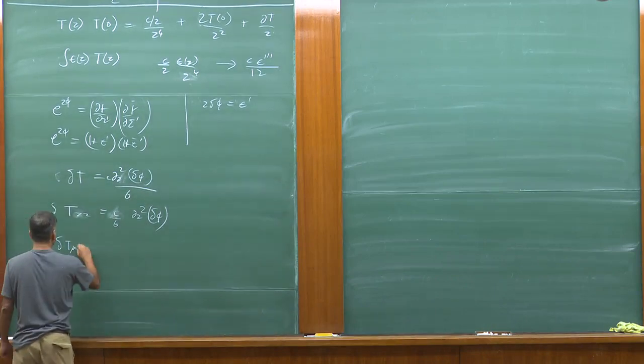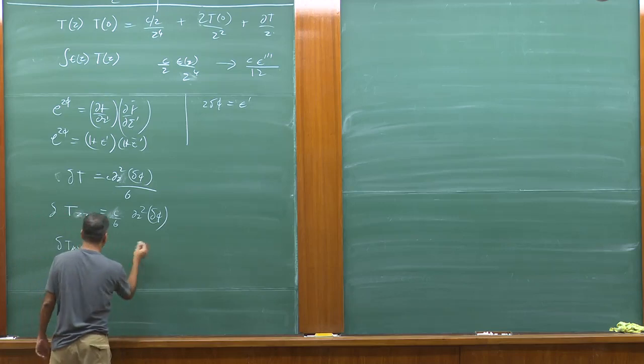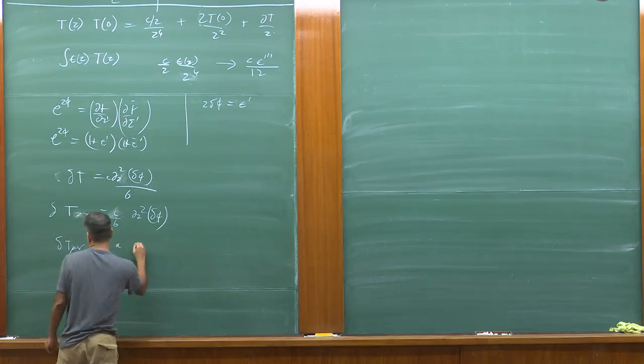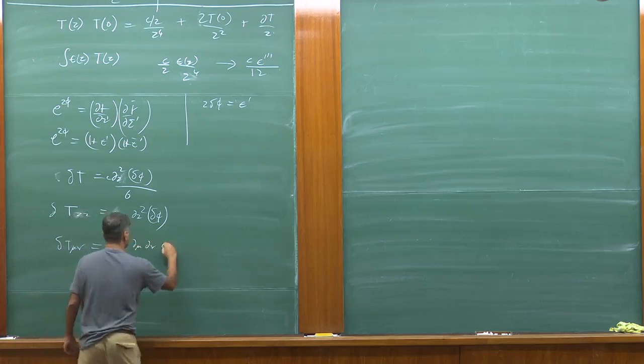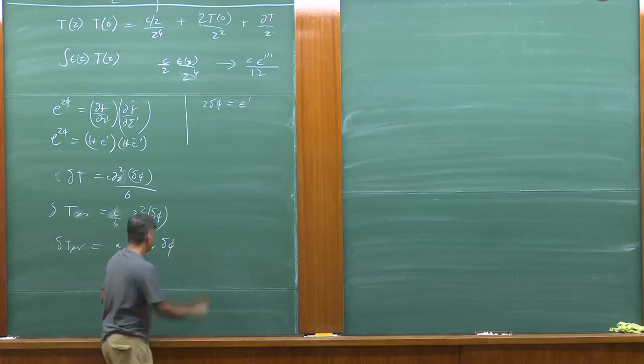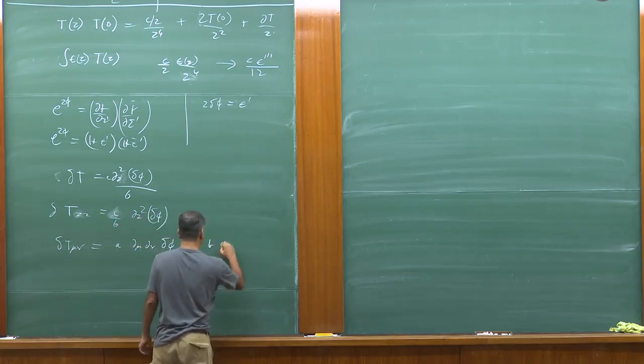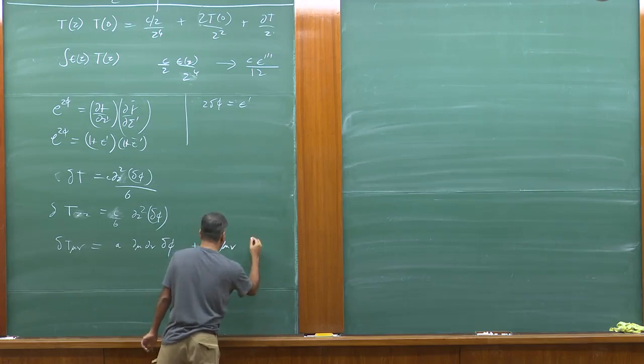Delta T mu nu is equal to, well, one thing we could write is A times del mu del nu delta phi. But we could also write a B times G mu nu times del squared delta phi.